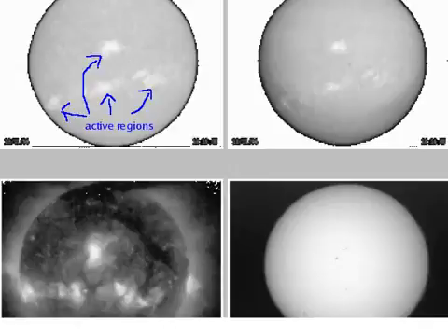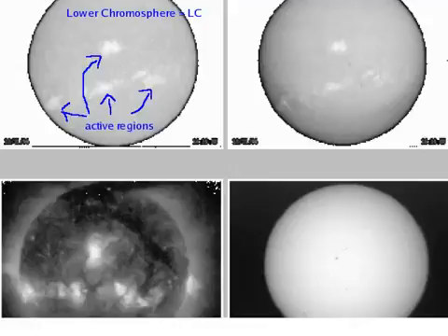And then the question is, compared to the image on the upper left, which would be the lower chromosphere here, so I can just quickly add that back in, which of the other images shows activity in exactly the same regions?